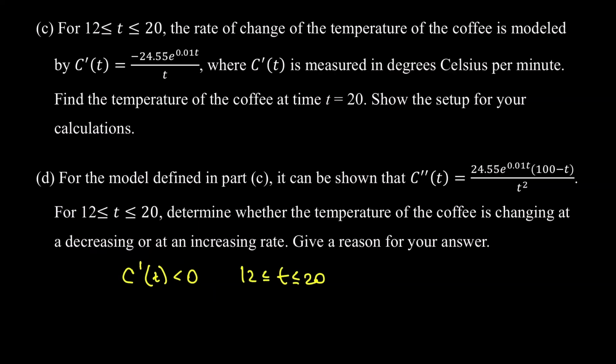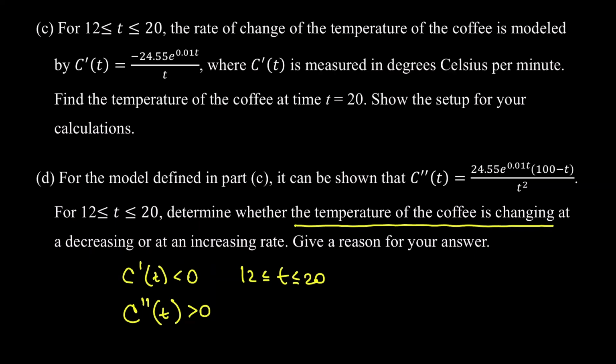However, for the second derivative, c double prime of t is positive. Again, for the same reason: 24.55 is positive, the exponent is positive, 100 minus t is positive because t is less than or equal to 20, and t squared is positive. So overall, c double prime of t is positive. Now, if you carefully read the question, it asks not whether the first derivative is increasing or decreasing, but whether the temperature of the coffee is changing at a decreasing or increasing rate.